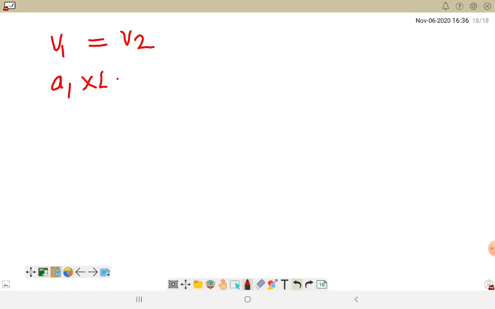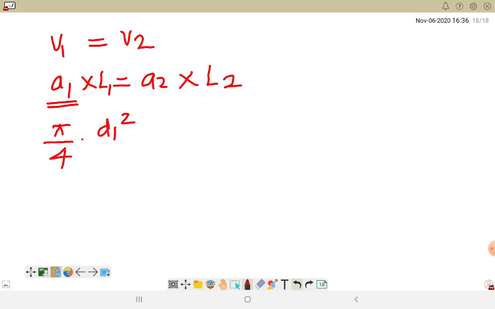A1 into L1 is equal to A2 into L2. Here diameter is given, so I have to write area in terms of diameter. So pi/4 into D1 square into L1 is equal to pi/4 into D2 square into L2.